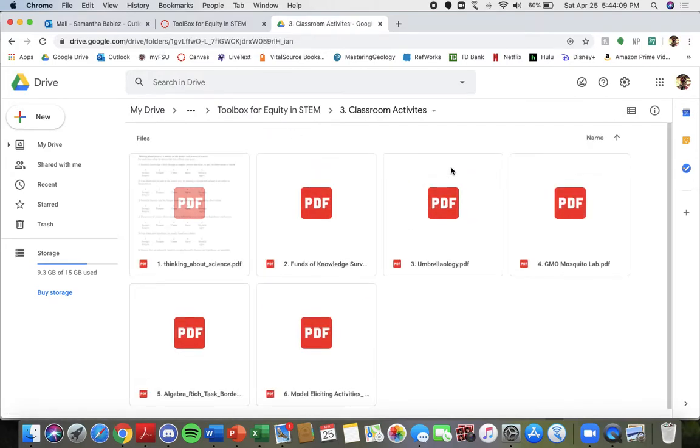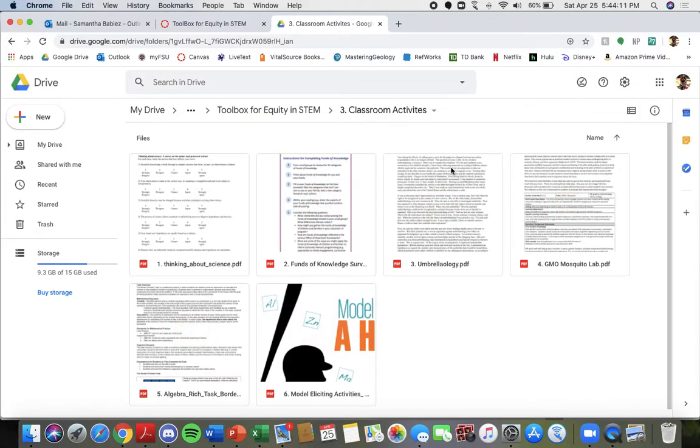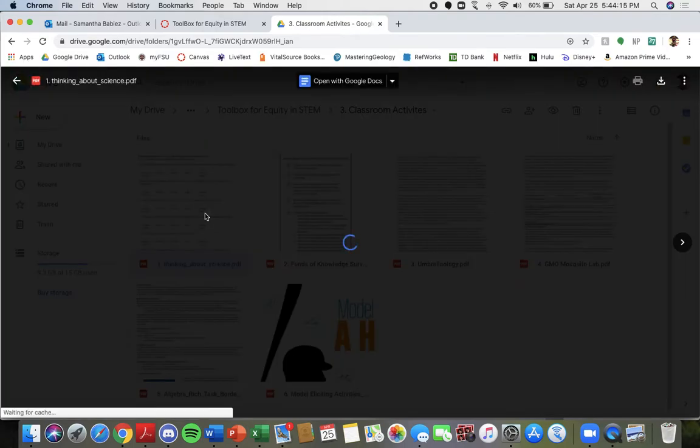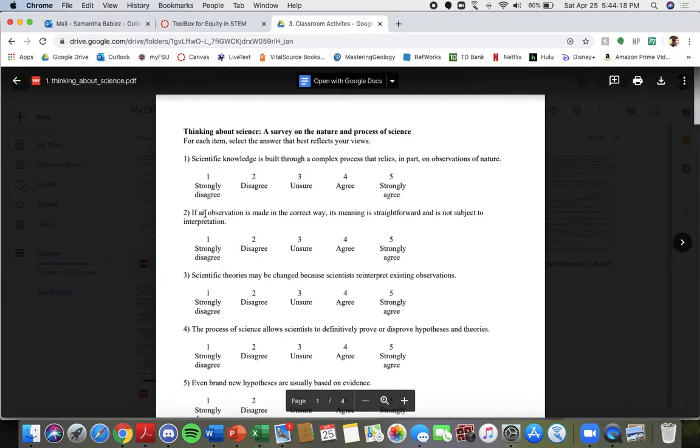Our classroom activities folder, we've got a couple things in here. The first one is the Thinking About Science survey that we did, I think the third week of classes.